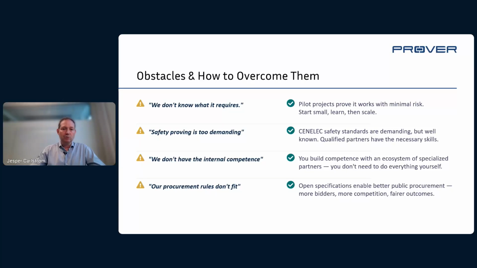So it's not wrong to require in the public tender that we need open specifications, we need open standards, we need loose coupling and so on, because it will give you more bidders, it will foster some competition, and the outcome will be fairer and better, and in the end you will be able to maintain this system.